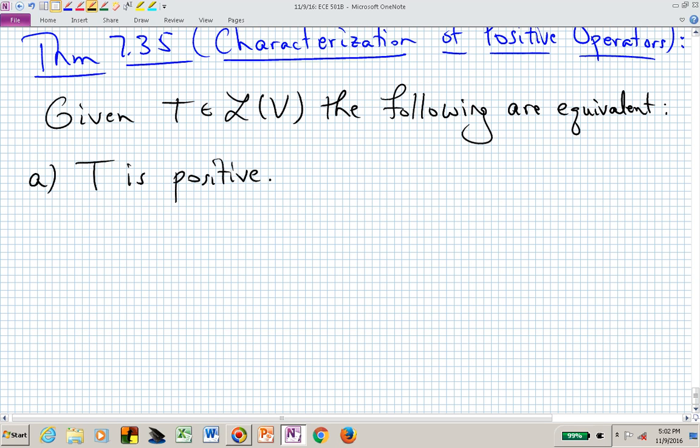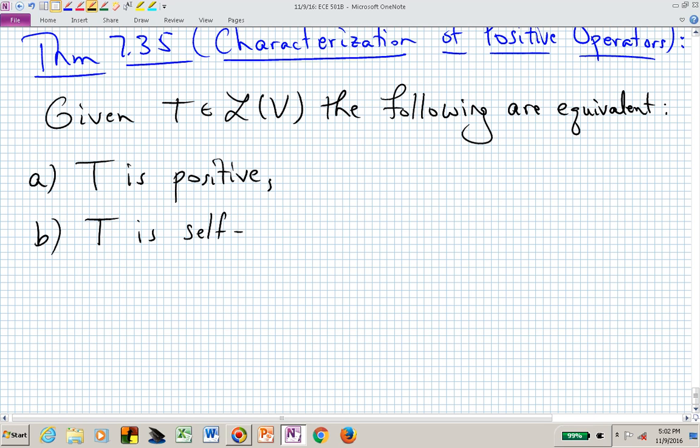A, the linear operator is positive. And remember how we define positive. It had to be self-adjoint, and this inner product had to be non-negative.